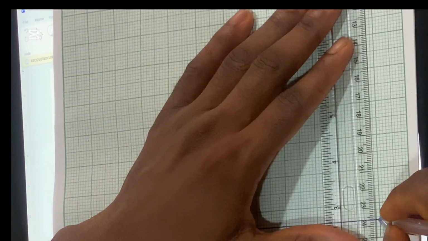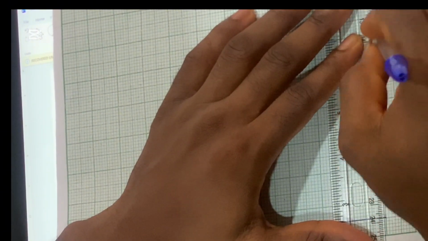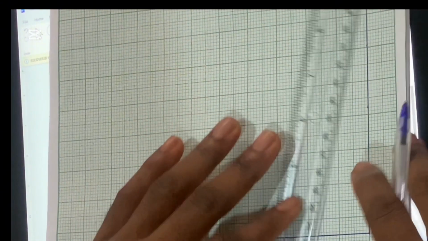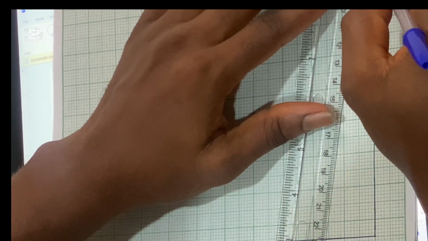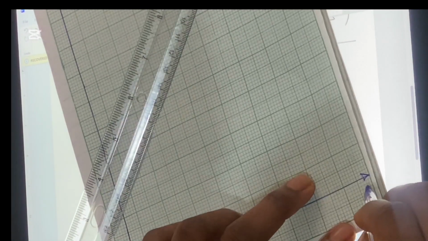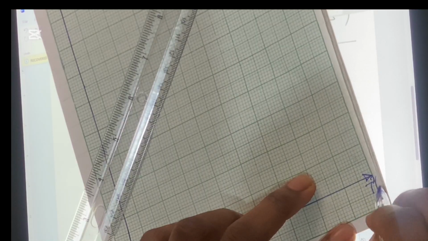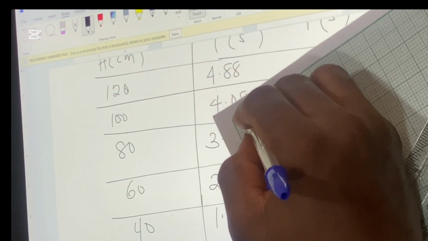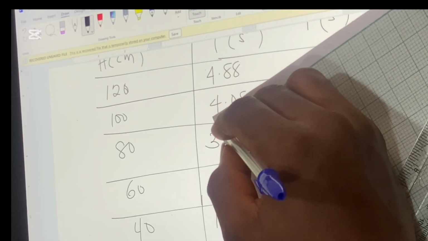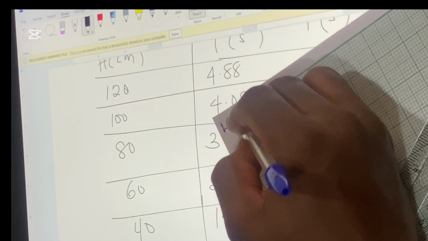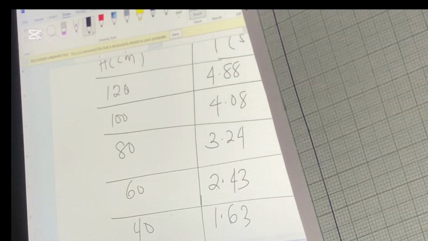And I will take this one to this extent here. So this is my T square, second square. This is my L in cm.